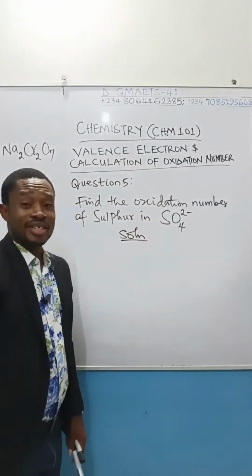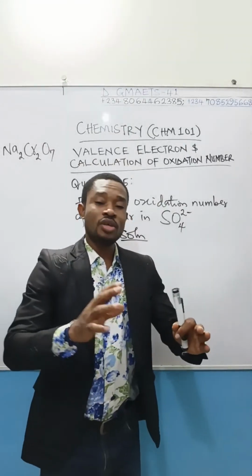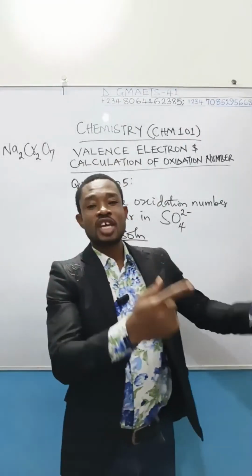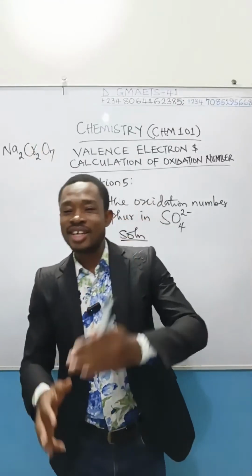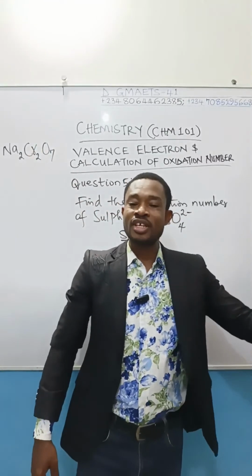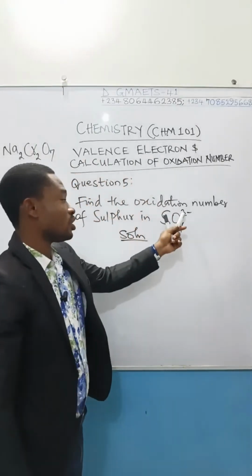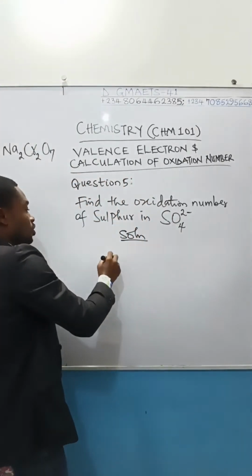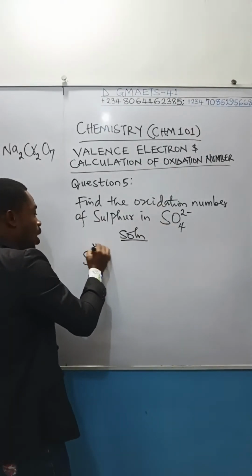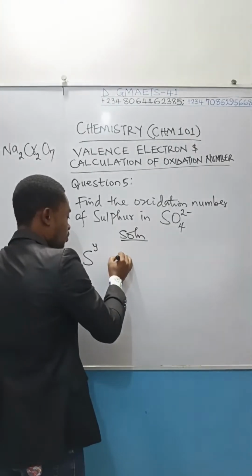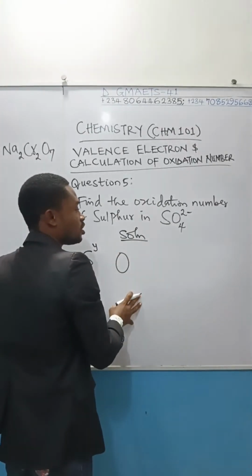So let us solve it like I said. You follow the same pattern where you add up the multiplication of valency by atomicity for each element, and then you equate to something. But the something now is no longer 0, rather you are equating to the ionic charge. So here we are calculating the oxidation number of sulfur. We don't know. Permit me to use y here. Then we come to that of oxygen.